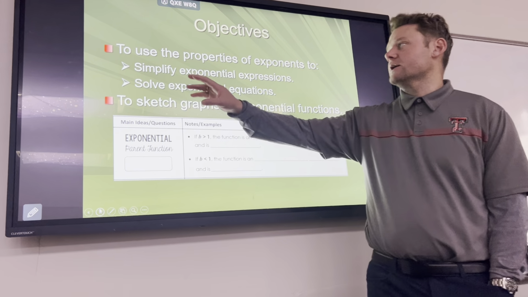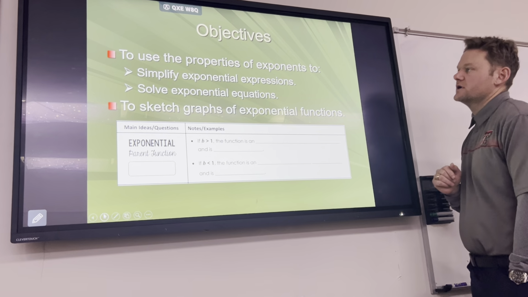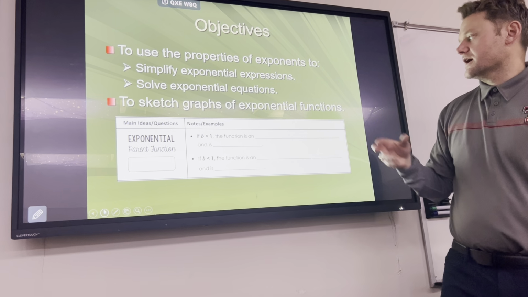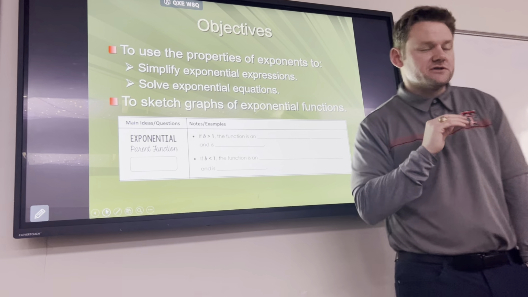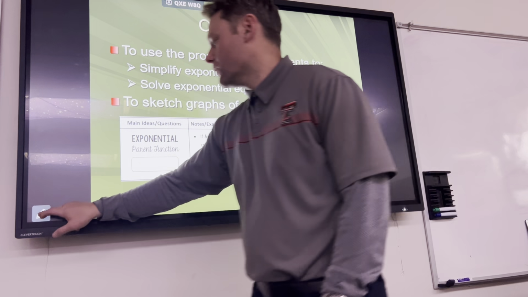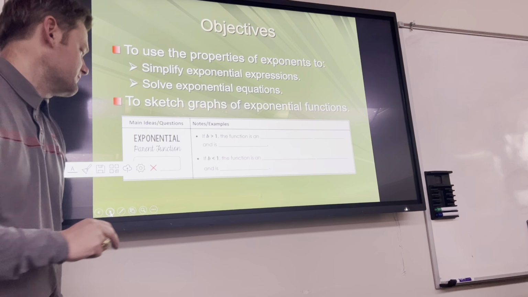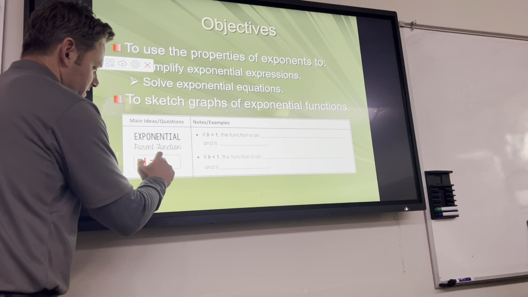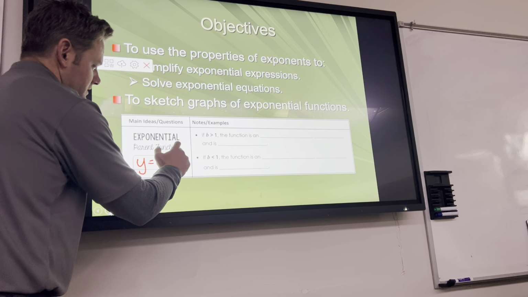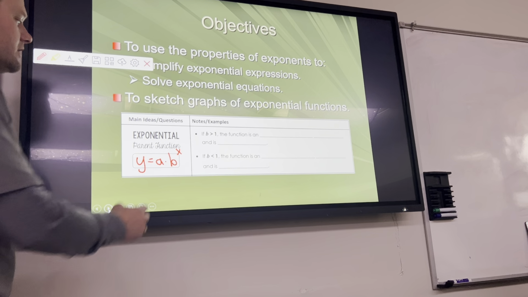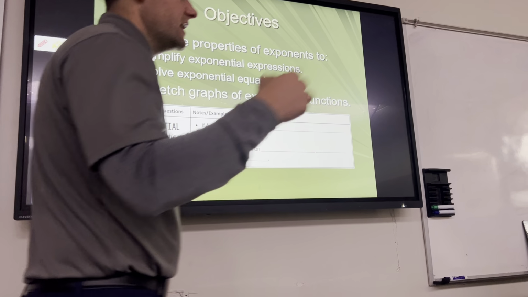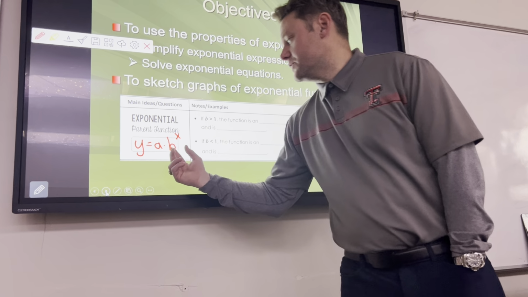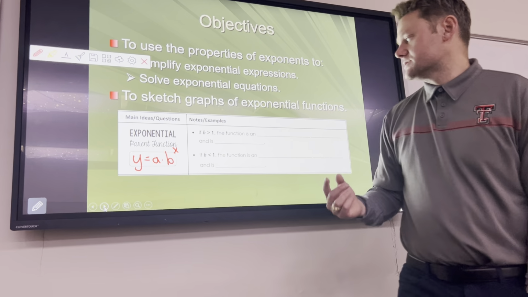So this is in your packet: to use the properties of exponents to be able to simplify, solve, and sketch graphs of exponential equations. So the very basics, what is the exponential parent function? In your notes, I want you to put y equals a times b to the x. Now notice where the x is. The x is in the exponent, and I have a number b being raised to the x.